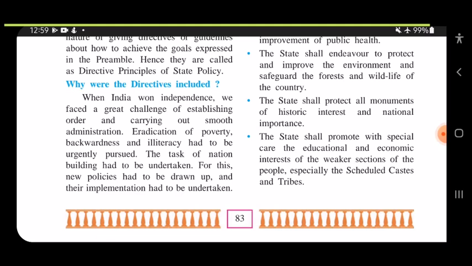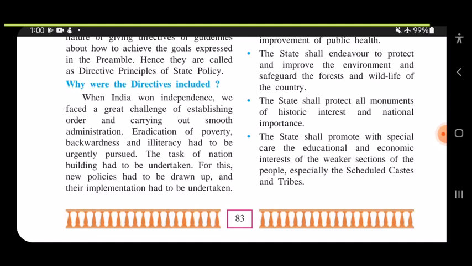Illiteracy means people are not educated. These had to be urgently pursued. The task of nation building had to be undertaken. For this, new policies had to be drawn up and their implementation had to be undertaken.